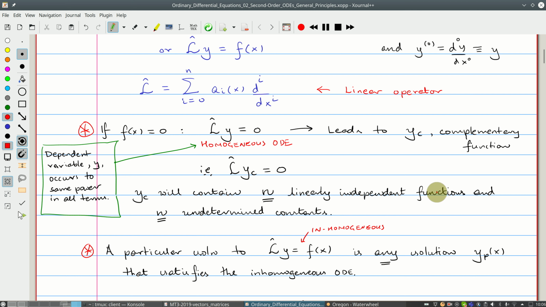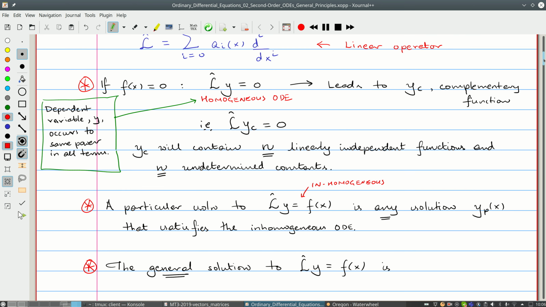For the first order ODE, we've already seen that y_c contains one function and one constant, and for an nth order ODE, it will contain n linearly independent functions and n undetermined constants. We'll see more about this soon. And for a second order ODE, therefore, you would expect to have two linearly independent functions in the complementary function and two undetermined constants.